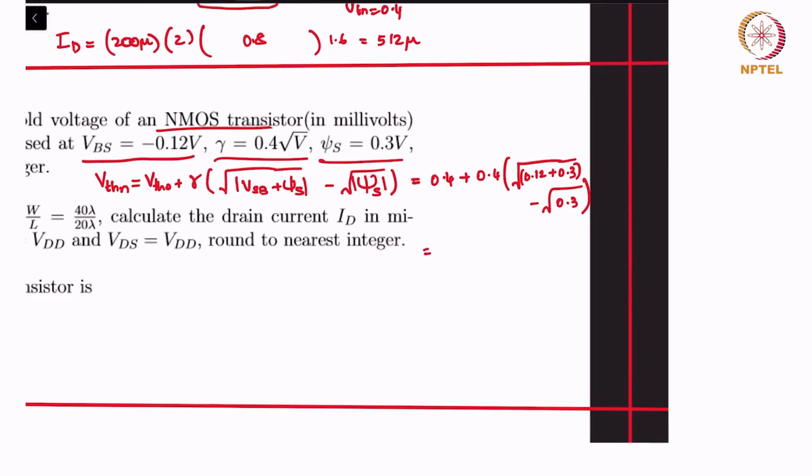This is equal to 0.4 plus 0.4 times square root of 0.42 minus square root of 0.3. Evaluating this, we get square root of 0.42 minus square root of 0.3 is equal to 0.1 almost. So this is equal to 0.4 plus 0.04, which is 0.44.